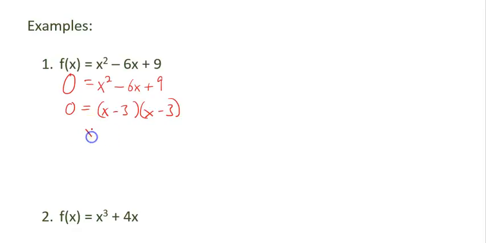So when I go to solve it, I set each one of those equal to 0. So x minus 3 equals 0 twice. If I add 3, I get x equals 3 in both cases.